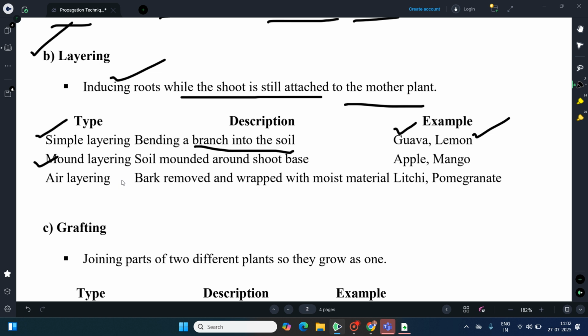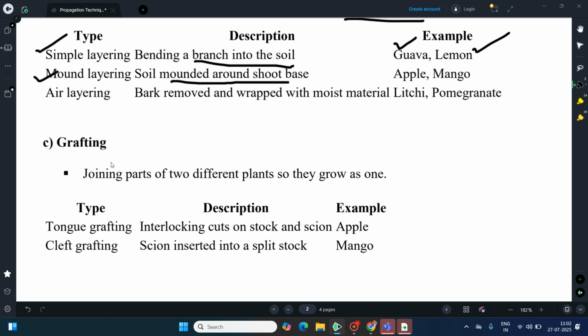Mound layering, soil mounded around the shoot base for producing roots, with examples apple and mango. Air layering, the bark is removed and wrapped with moist material for rooting, and the examples are lychee and pomegranate.